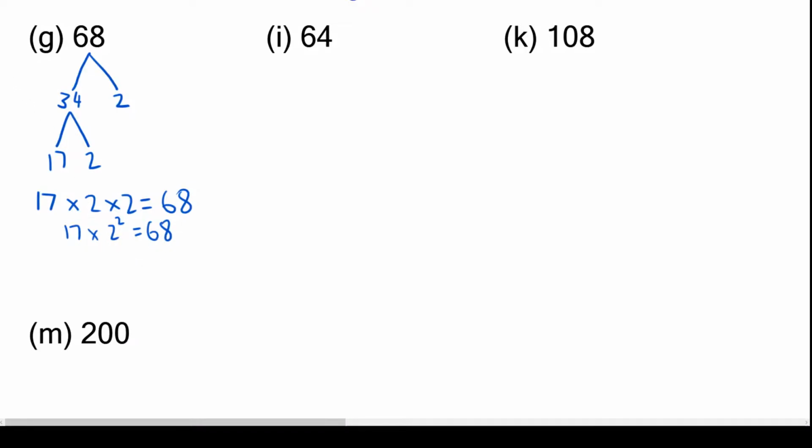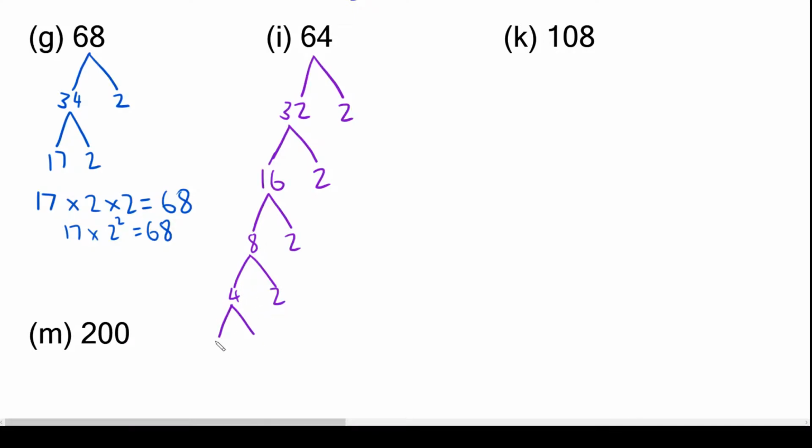Okay, 64. So we've got 32 times 2, and then 16 times 2. And here we'll have 8 times 2, and we've got 4 times 2. Ooh, this is a hard one. And we're going to have 2 times 2.